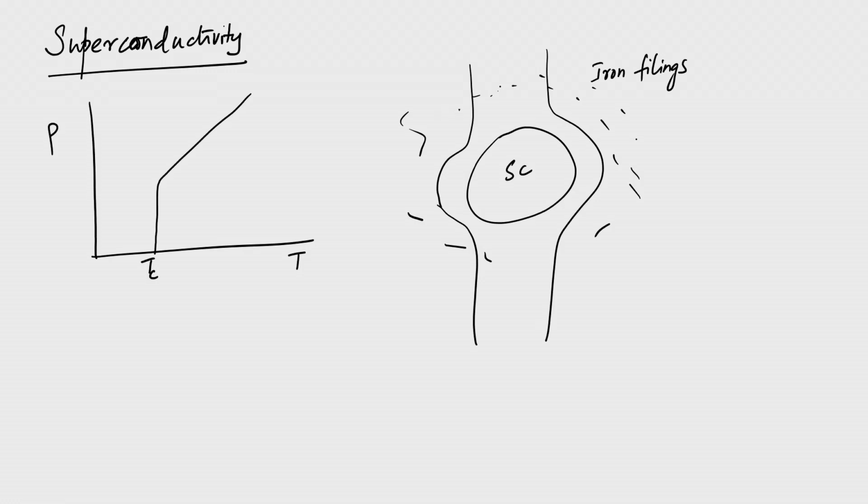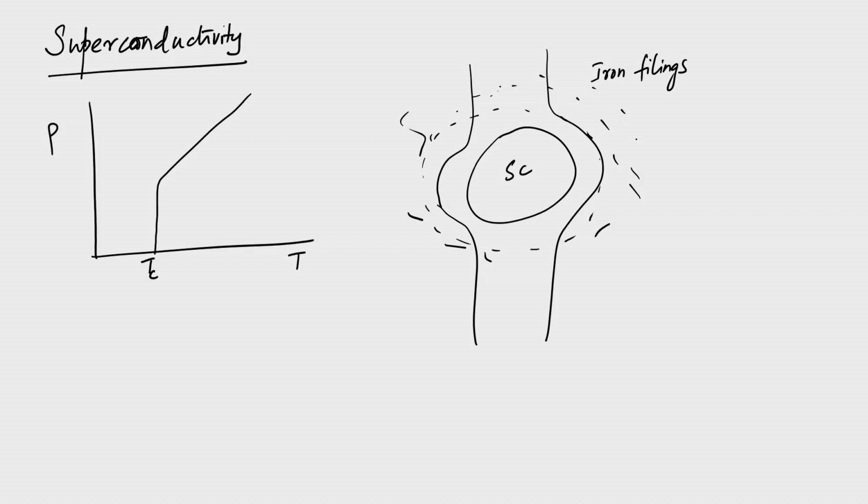This makes the iron filings nicely lined up around the superconducting specimen, which shows that the magnetic flux density is concentrated around the specimen.